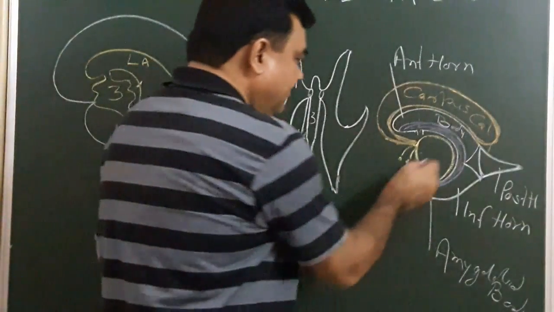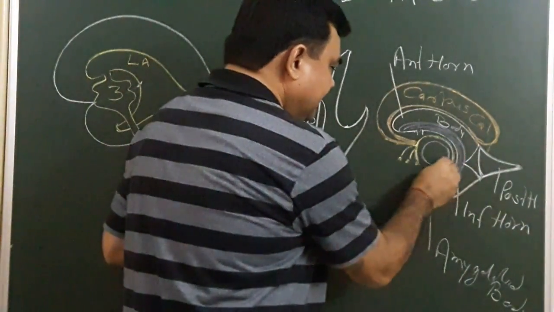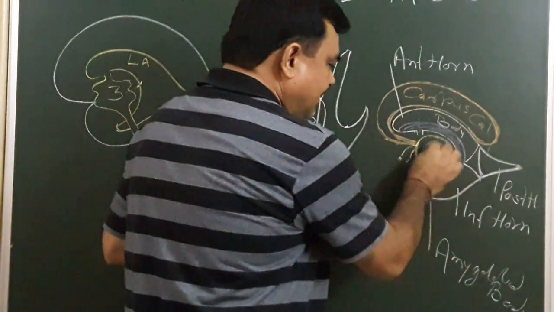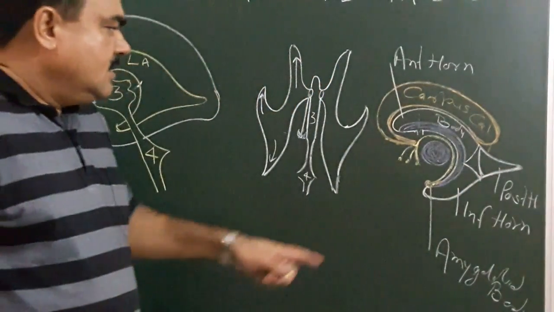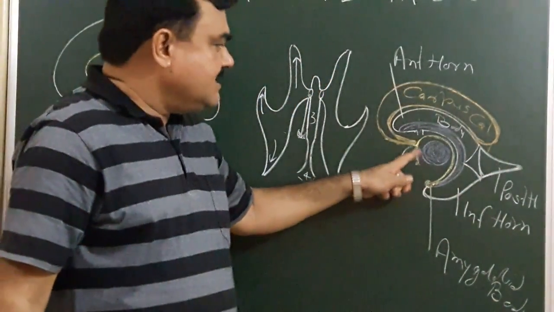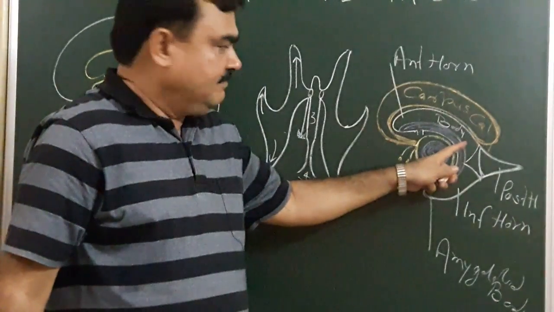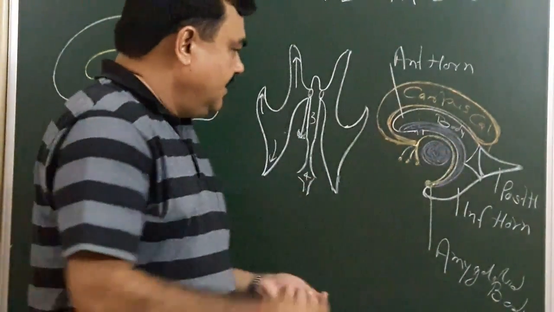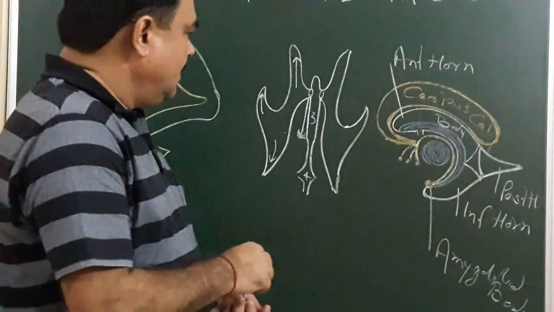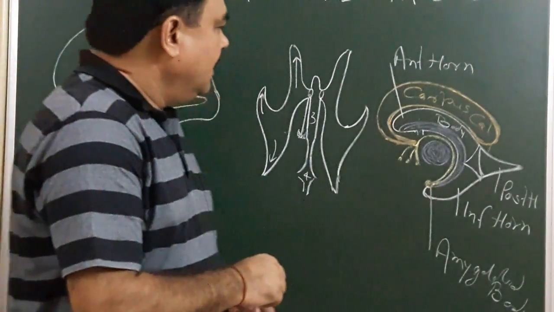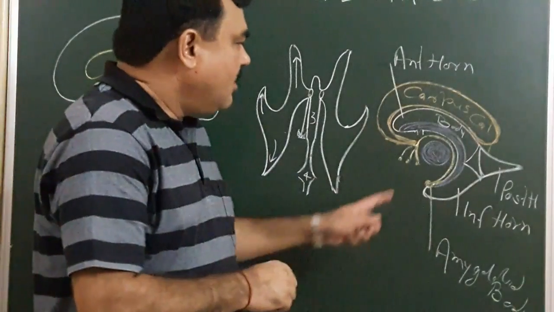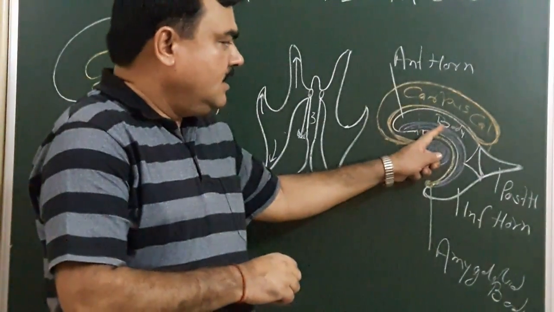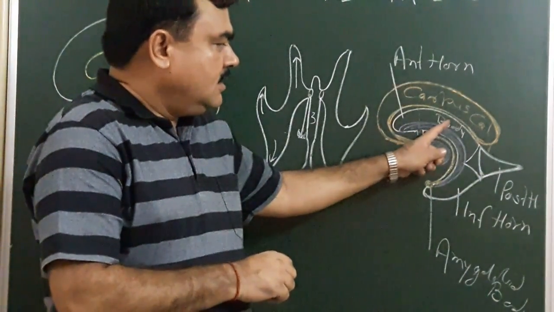And here is the position of the thalamus. So these are some important relations of the lateral ventricle. Now, in the second part, we'll discuss the relation of this portion, the body.